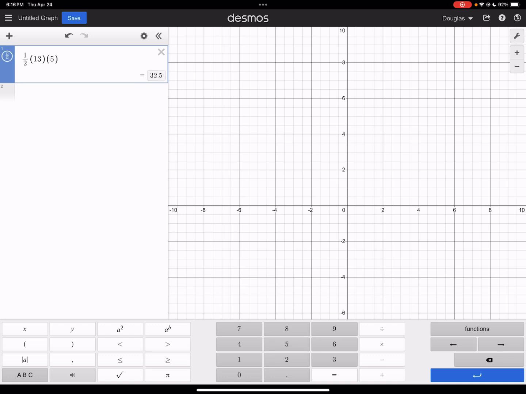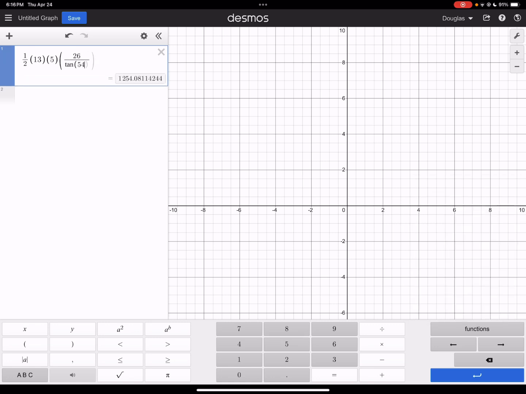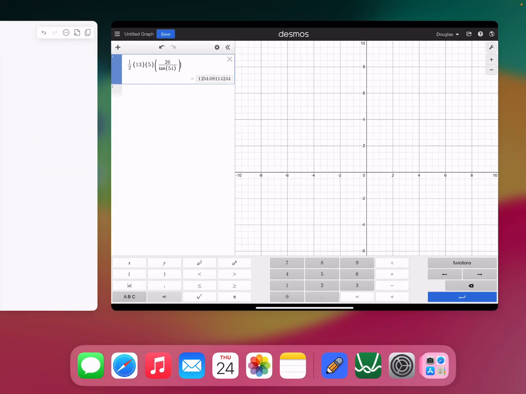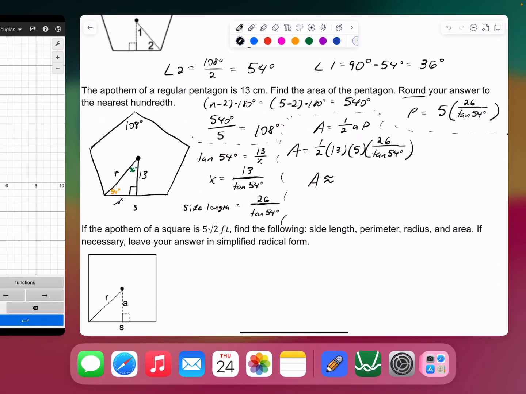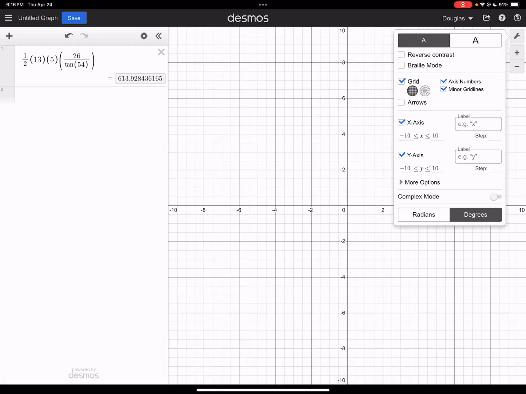And then times 26 over the tangent of 54 degrees. Don't look at the answer yet, because I do have to change this into degrees. Let me just confirm I got the right stuff. So was that 26 over? Yes. Okay, so that's not the answer. I got to change this to degrees. There we go. That is the answer.